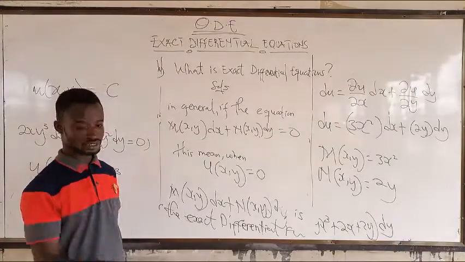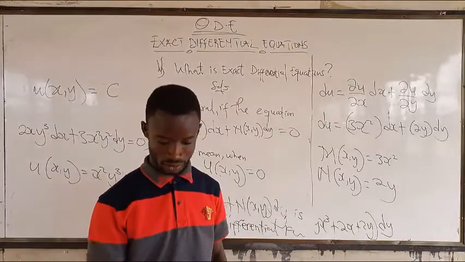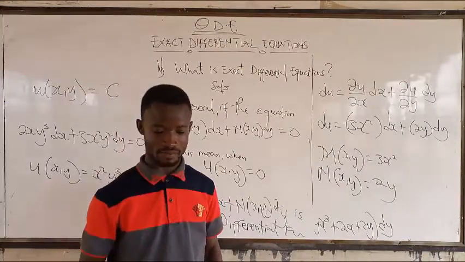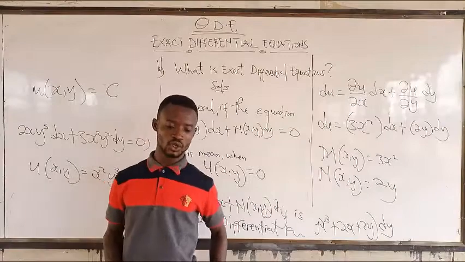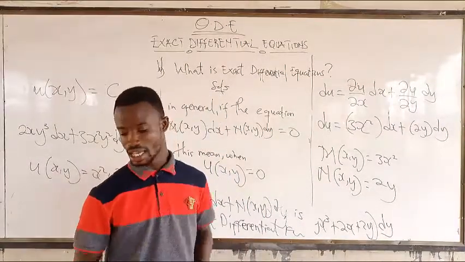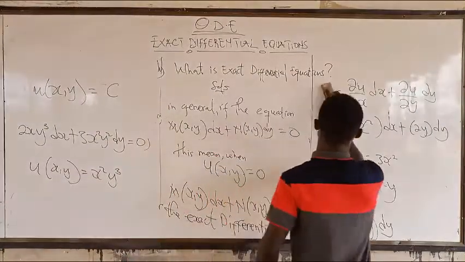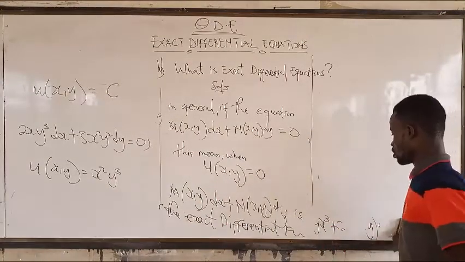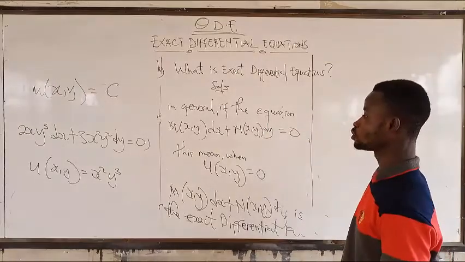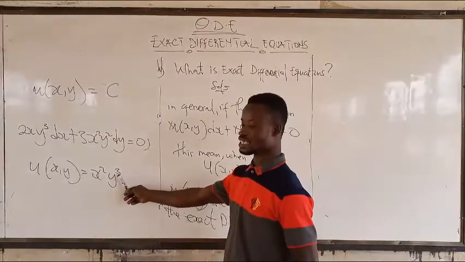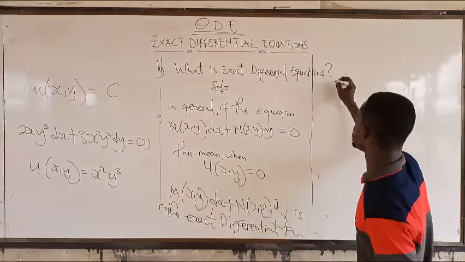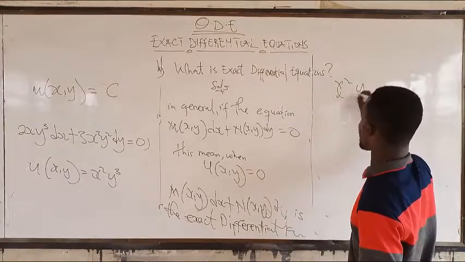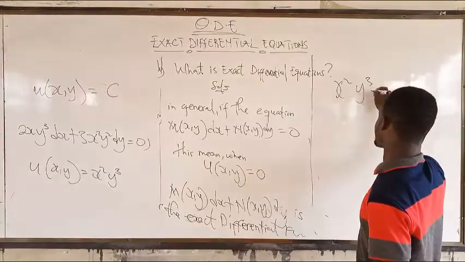So always don't forget that. Very good. Hence, if you're looking for the general solution of this equation, it is going to be x squared y cubed is equal to c.